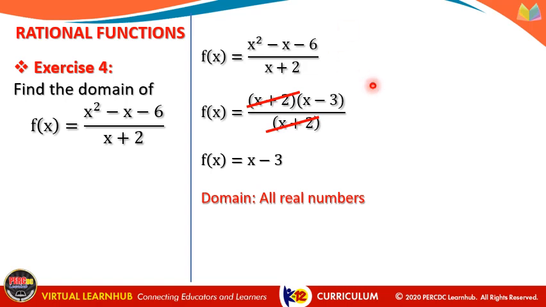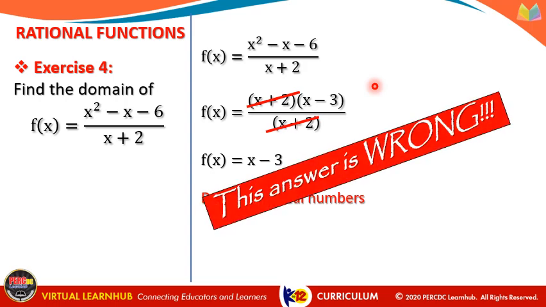Tama? Now, if ganito ang solution mo, this is actually wrong. Bakit mali? Okay, remember this one. Kapag kumukuha ka ng domain ng kahit anong function, kahit hindi rational, ang lagi mong basihan pa rin is the original function.